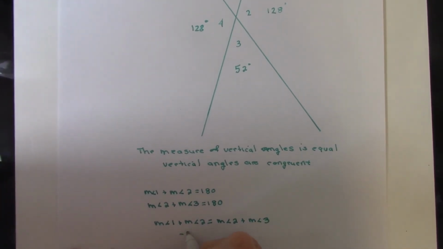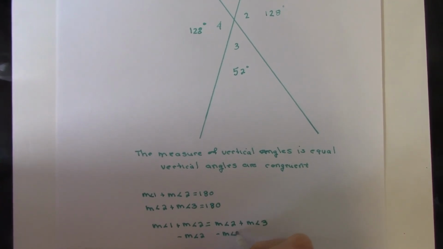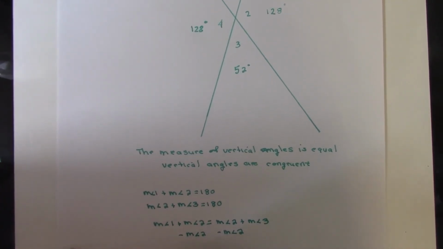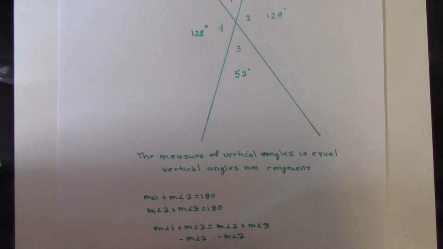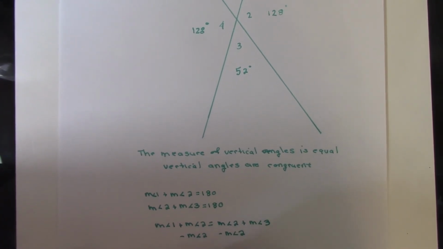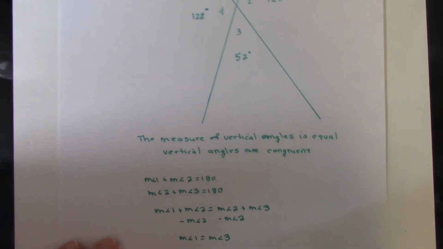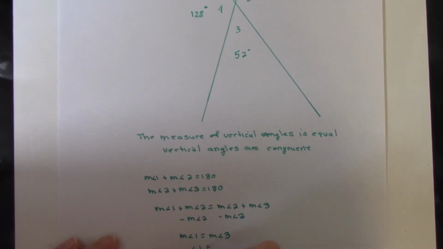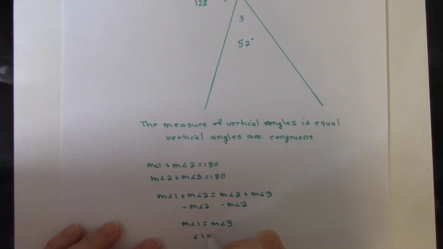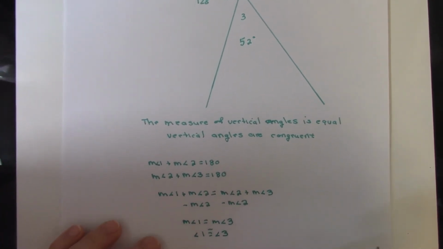If we subtract the measure of angle 2 from both sides, by the subtraction property of equality, we get the measure of angle 1 equals the measure of angle 3. And because the measures are equal, angle 1 is congruent to angle 3. And so we proved it.